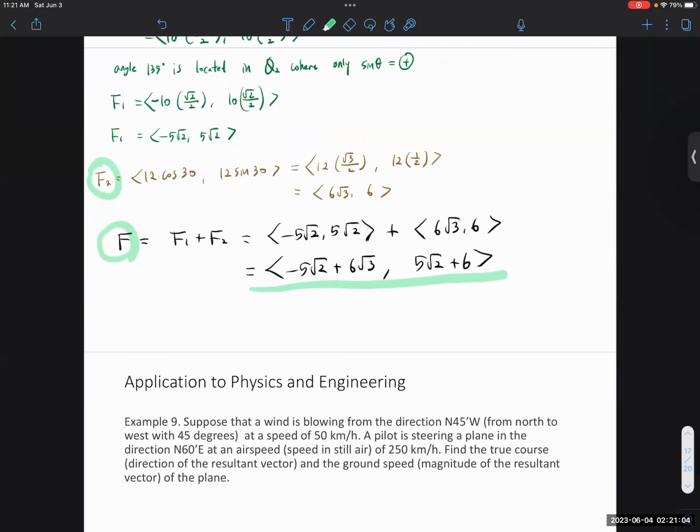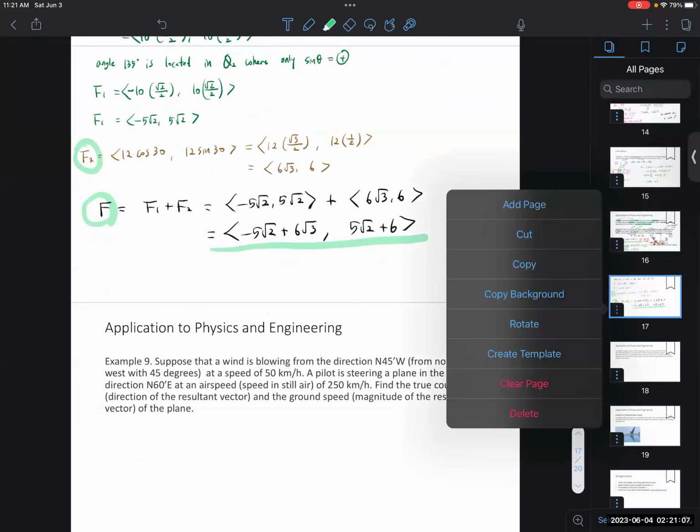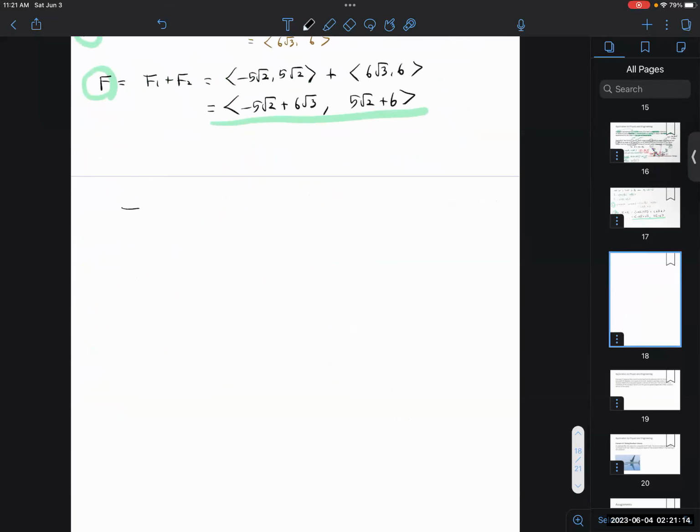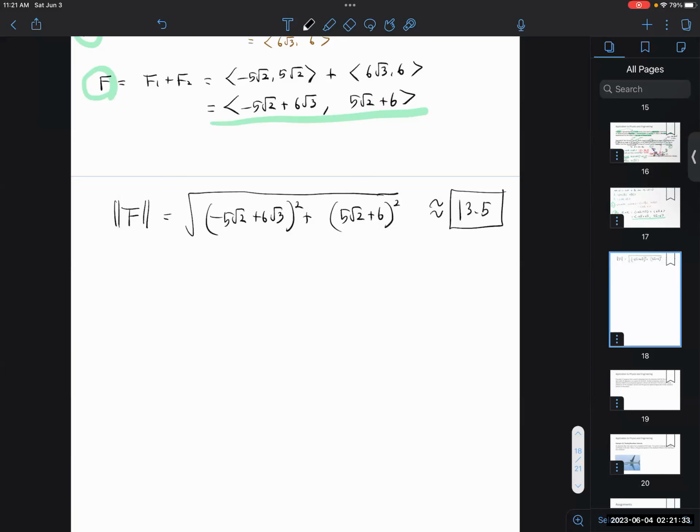They also ask you to find the magnitude and direction of F. The magnitude will be the square root of (negative 5 radical 2 plus 6 radical 3) squared plus (5 radical 2 plus 6) squared. You can use a decimal, that's okay. It's about 13.5. That's the length of the resultant force. So far so good.